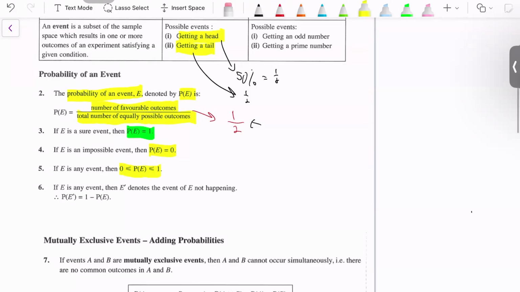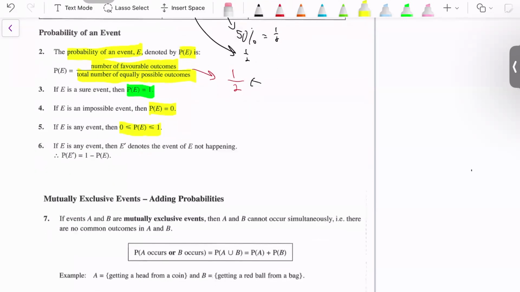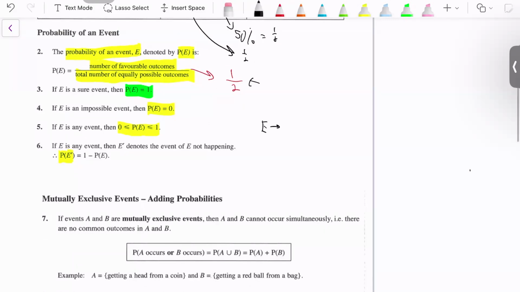Okay. So as we have learned before in our previous chapter, there's this prime. In this case, for example, let's say we want the probability of E prime, where E is, for example, that we want head in the coin toss. E prime is basically you do not get head, which in this case is tail.